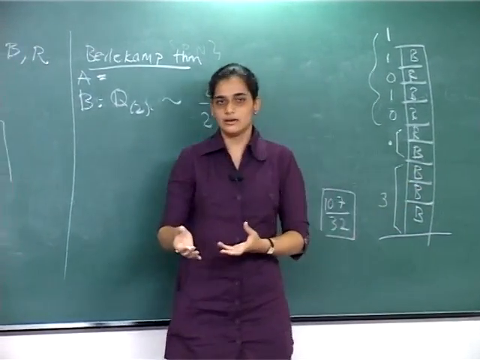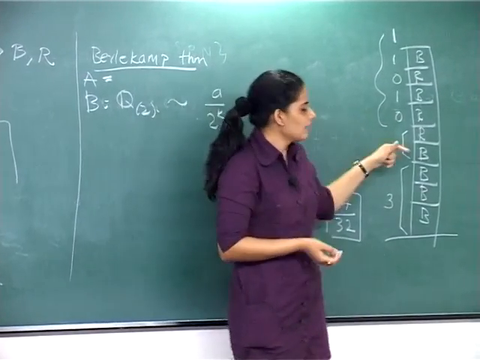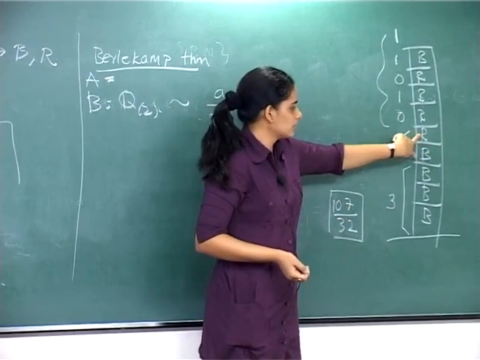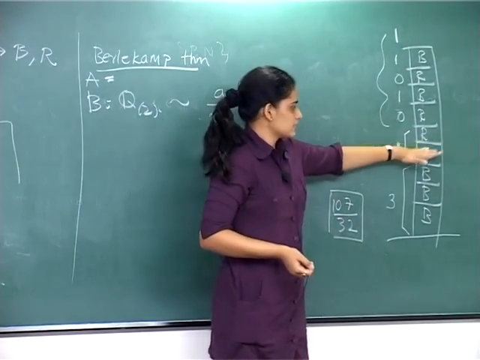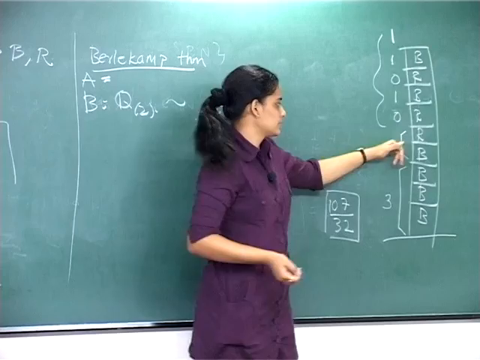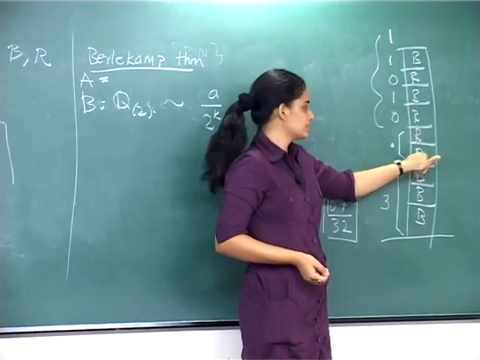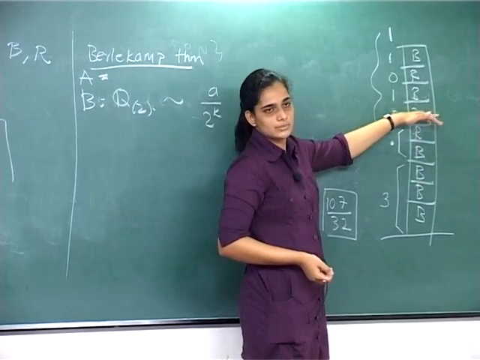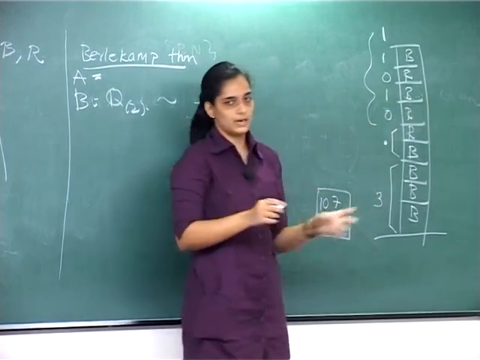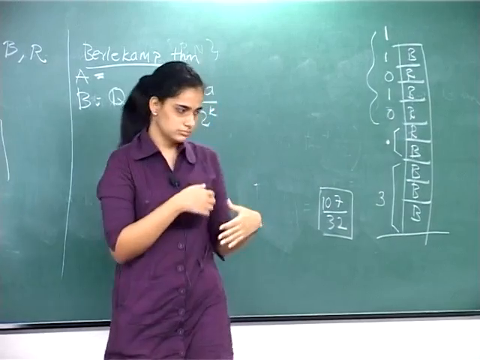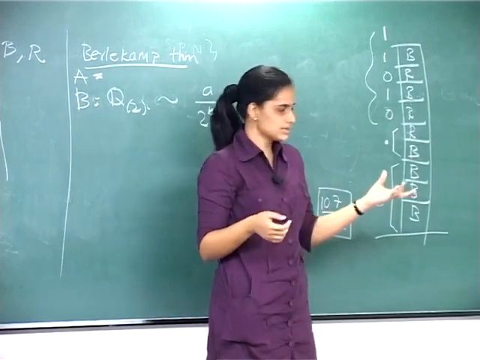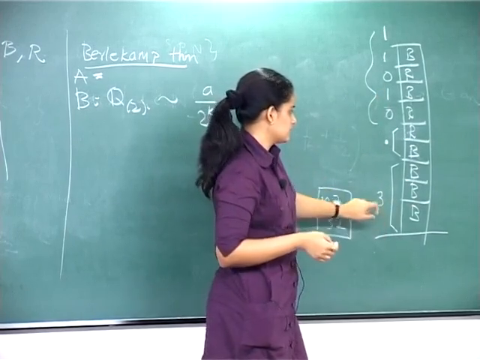For any other counter, the weight is half of the counter below it. For example, this counter does not have all red counters below it, so its weight is half times 1, so its weight is half. Here its weight is half times half, so this weight is 1/4. And you assign a plus sign to the weights of blue counters and minus to the weights of red counters.